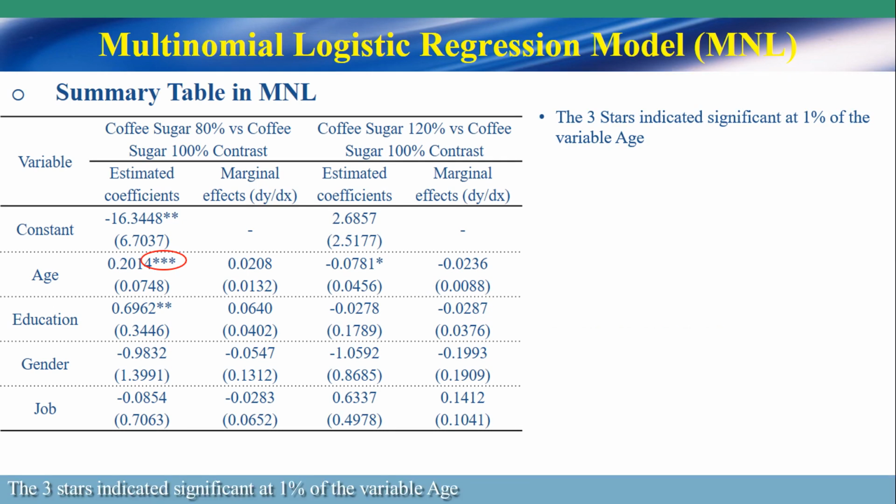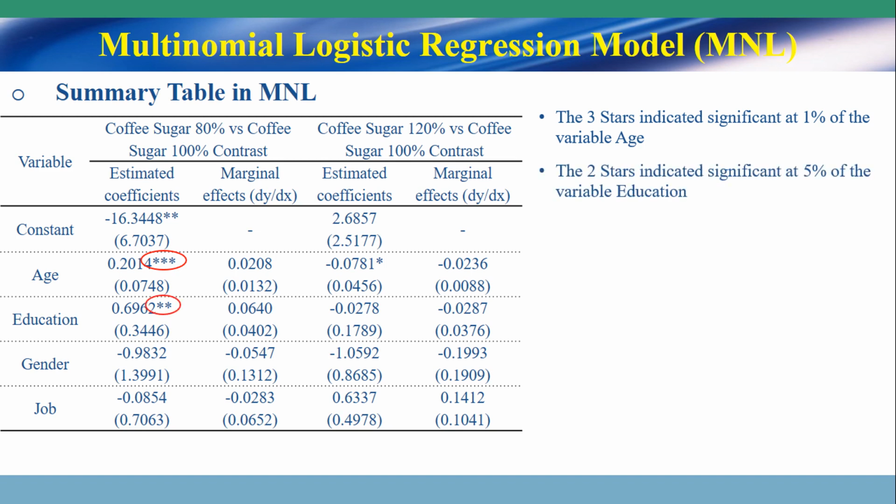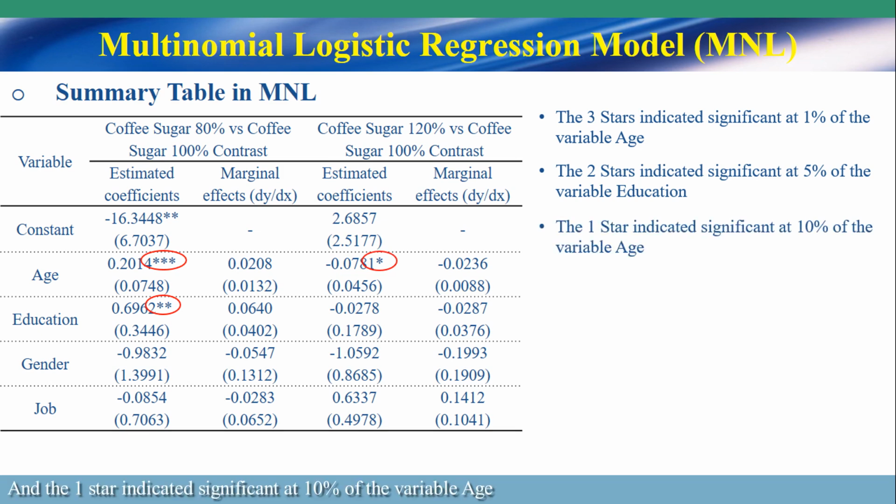The 3 stars indicate significance at 1% on the variable age. The 2 stars indicate significance at 5% on the variable education. And the 1 star indicates significance at 10% on the variable age.